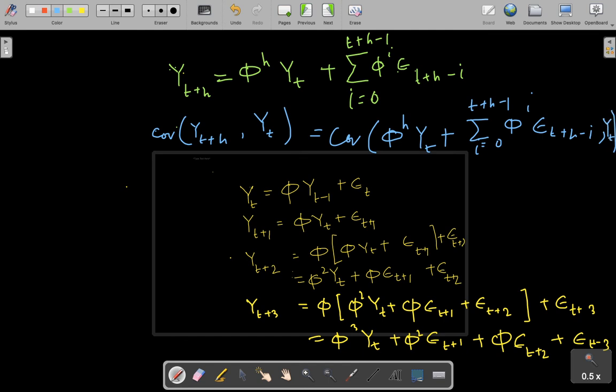Now if I expand it, you see I get two terms here, the first term phi power h yt, and the error term. Now the error term, if I separate these things out, is going to be 0, because yt and the error terms are independent, and each of these error terms, if I take the expectation, is 0, right? So what I'll have left is the first term here, phi power h times yt squared, right? Now the covariance of yt with yt is nothing but the variance of yt.